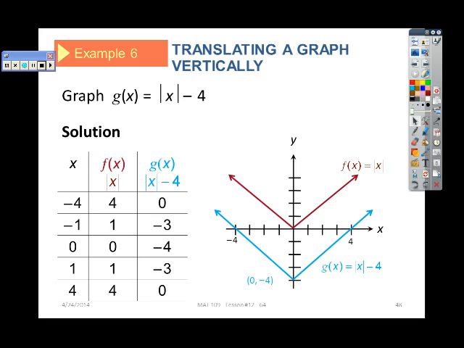If this were a plus sign, we would have moved it up. So a number added or subtracted outside moves it up or down in the direction of the sign. Plus up, minus down. Does not change the shape of the function in any way. We can change the shape by multiplying it. We can change the direction it opens by using a negative.